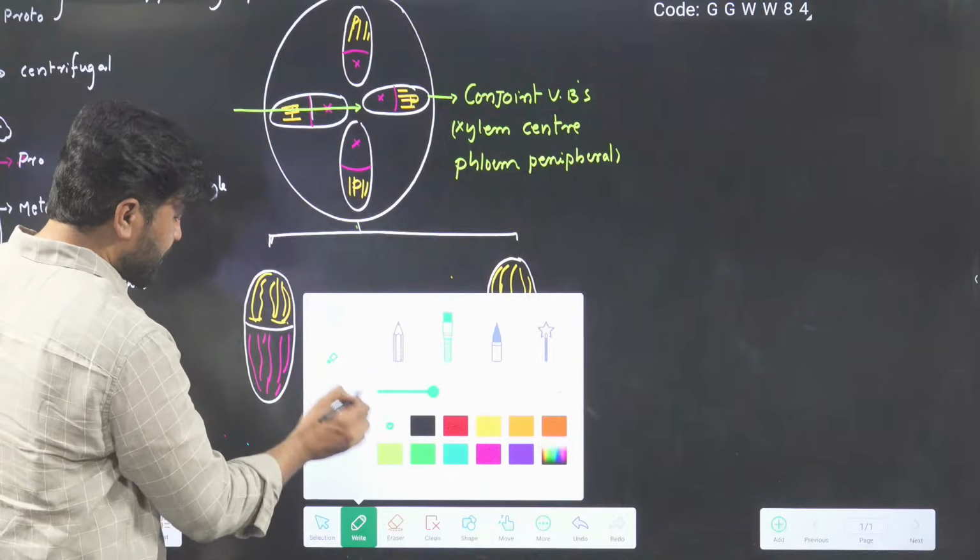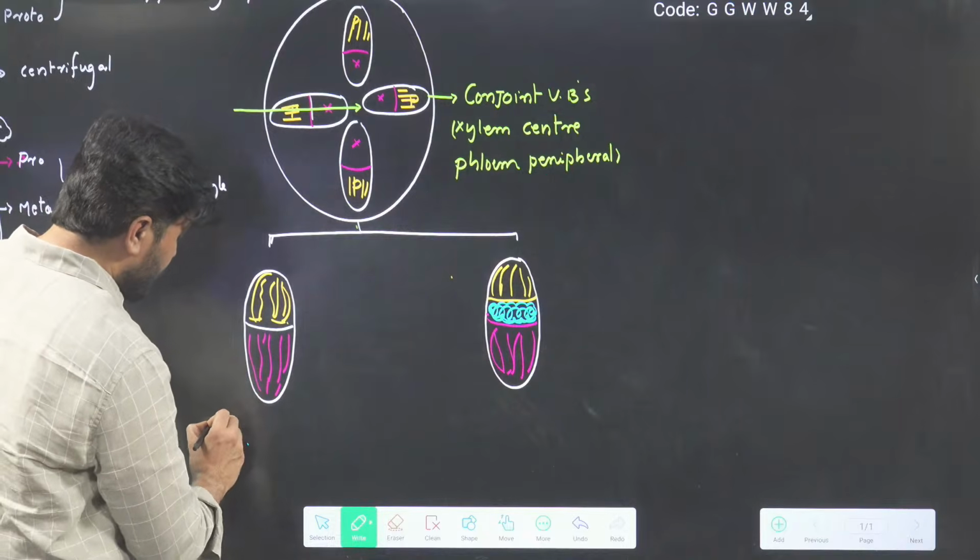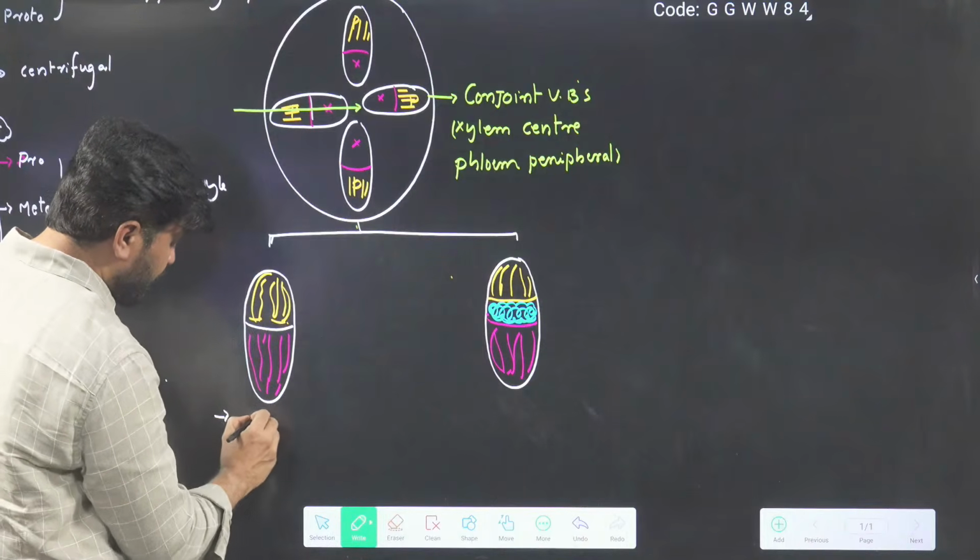In this case, this is called conjoint collateral closed.